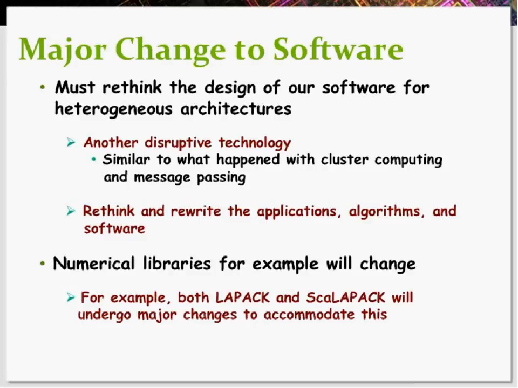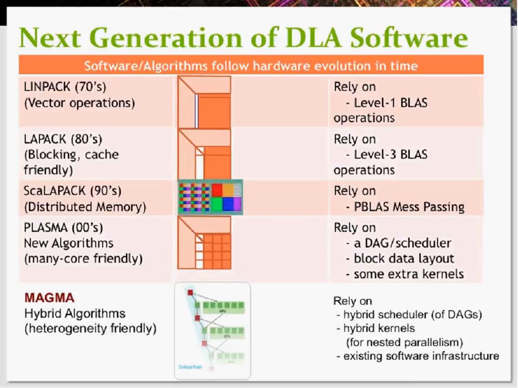This would be a combination of multicores and certain accelerators like GPUs or Xeon Phi. In particular, these legacy libraries that I mentioned, LAPACK and ScaLAPACK, were designed for older architectures, so they have to be redesigned in order to be efficient on those architectures.